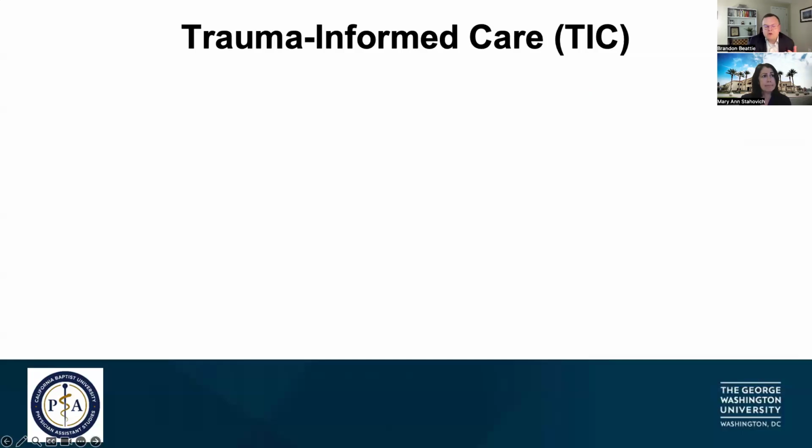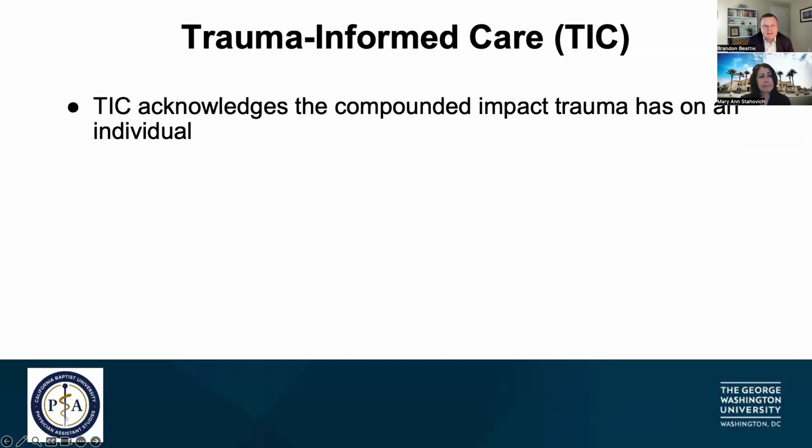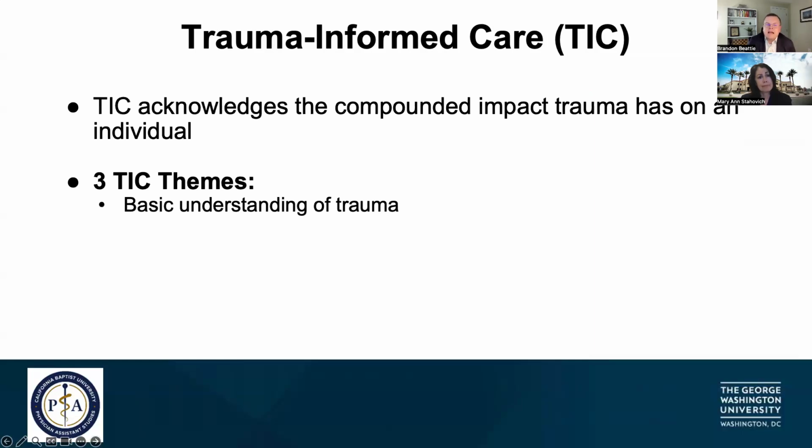So when thinking about how trauma-informed care can help to prevent some of those astonishing statistics from the previous slide, trauma-informed care acknowledges the compounded impact that trauma can have on an individual. And so we here have highlighted 3 themes for you to consider in your own curriculum. First is the basic understanding of trauma.